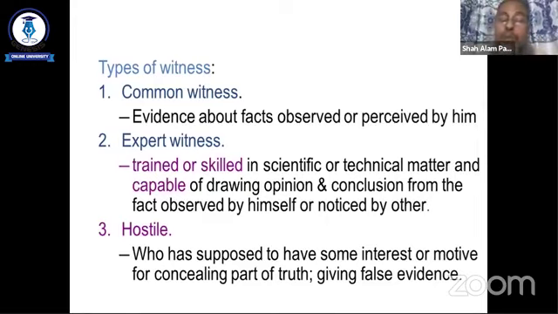And if it is proved that you are giving willful false evidence under oath, you will have to face punishment of up to 7 years imprisonment, also a fine. But if you are declared a hostile witness, you may not have to face those punishments for perjury.